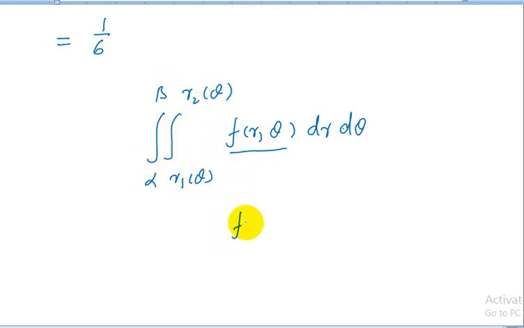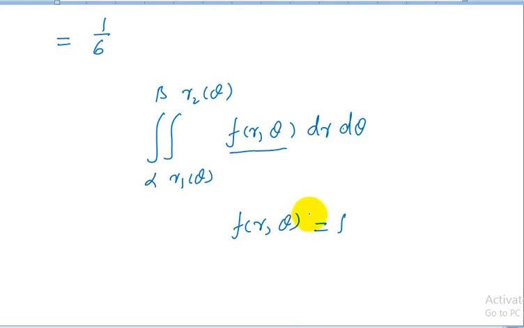When f of r theta is equal to 1, then the double integration represents the area of the region over which this integral is evaluated.